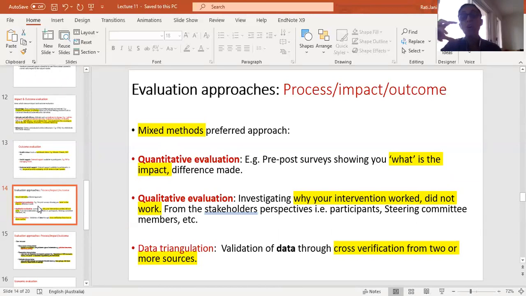What is mixed methods? When you have a qualitative component and a quantitative component in your study. So now, for instance, what you're going to do in your assignment 2, which is a pre-post questionnaire, you are going to do a quantitative evaluation. All right.